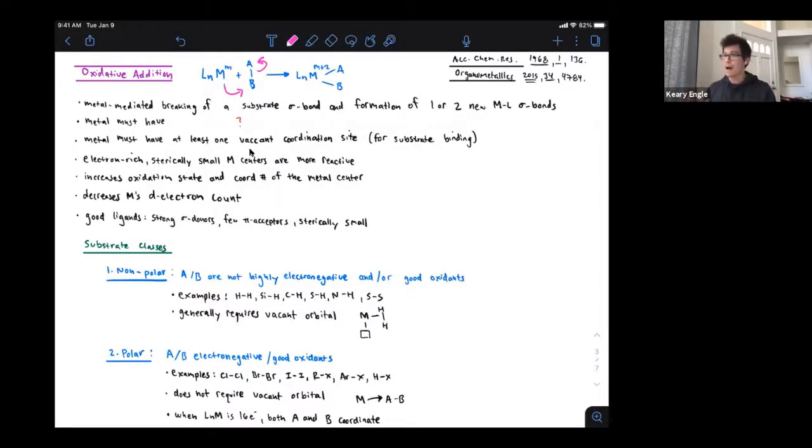So we talked about pi back bonding. I like to think of oxidative addition as pi back bonding taken to the extreme, when pi back bonding from the metal to the ligand is so intense that it actually ruptures the bond involved. So this is the generic depiction, just in terms of defining the key features.